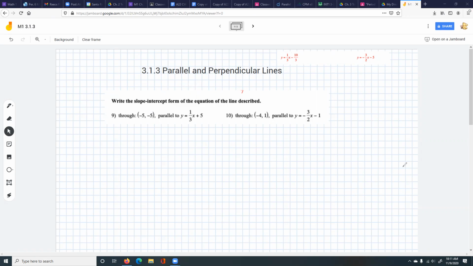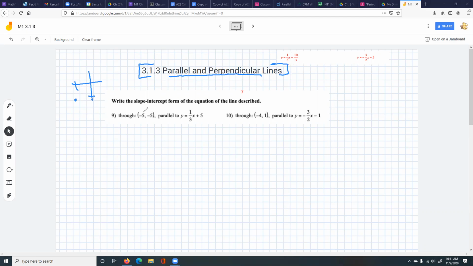Oh, there's something on angles that we need to do in the notes that I just remembered. So you want to be writing that on your notes, parallel and perpendicular lines, 313. Write the slope-intercept form of the equation of the line described. I want to write a line that goes through negative 5, 5. Negative 5, 5 is somewhere over here in the third quadrant.